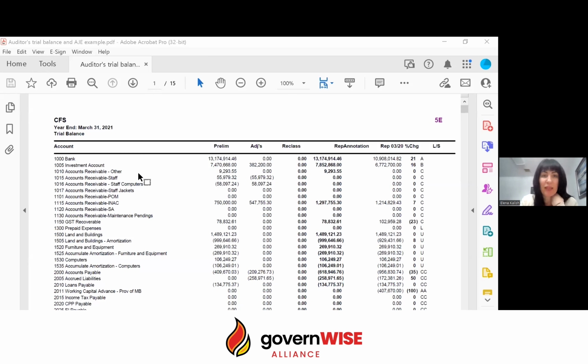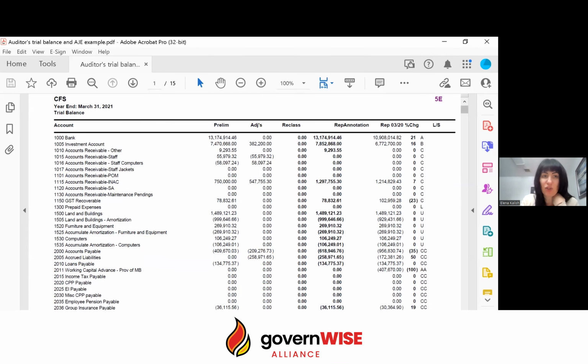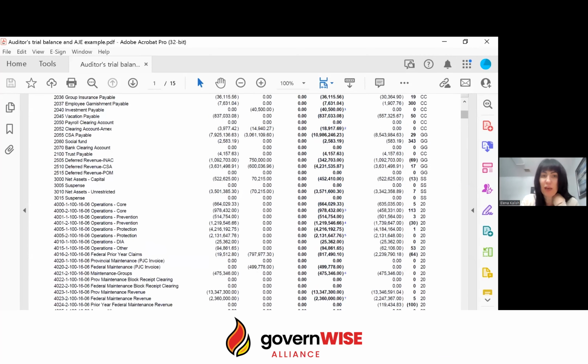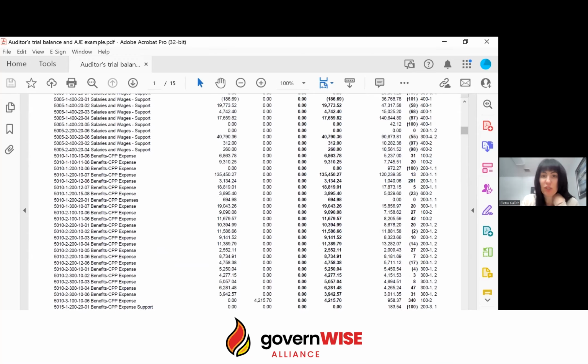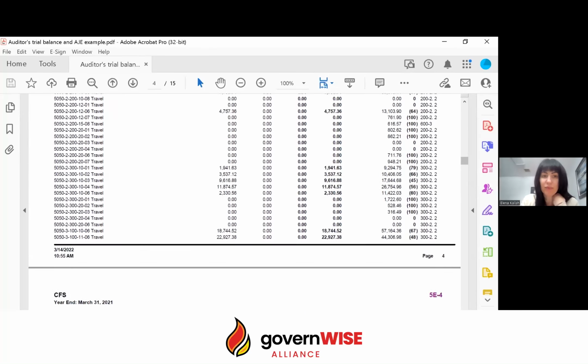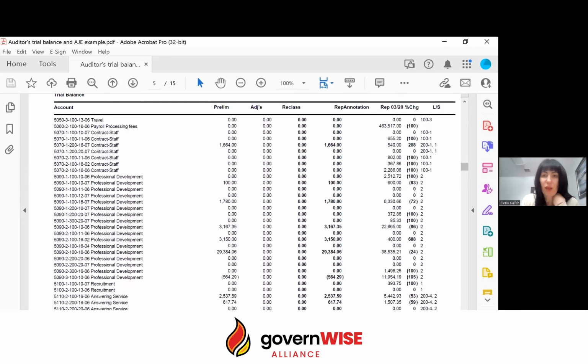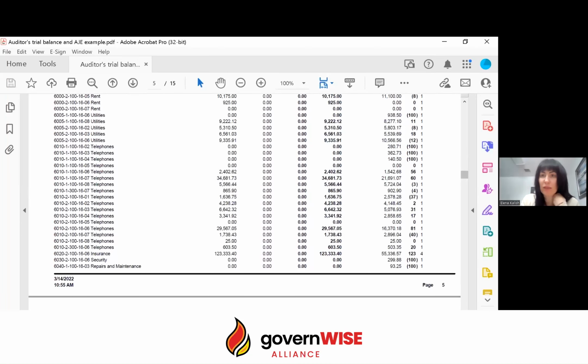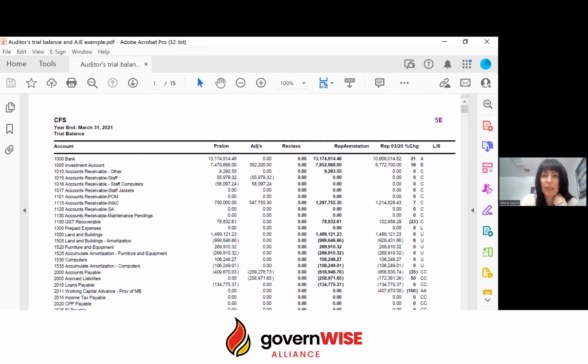Okay? And so you'll see what happens here. Like any trial balance, this is a list of all the accounts for this organization. Okay, all the accounts are listed here with the balances. Okay, now how the auditor's trial balance works is the first column is the preliminary numbers.